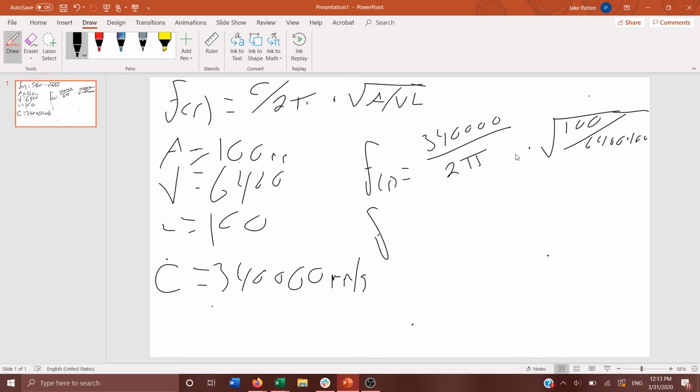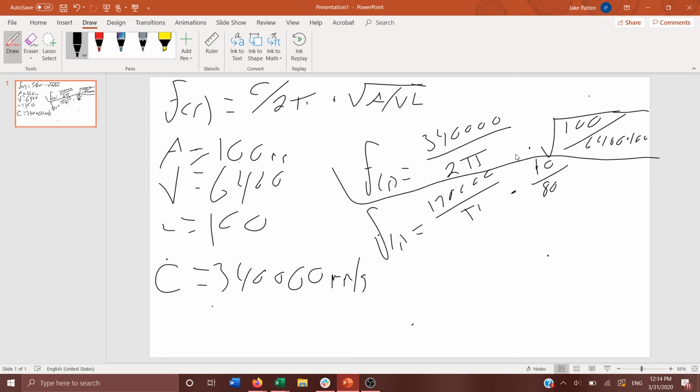So we can rewrite this as Fr equals 170,000 over pi multiplied by, I'm going to stop writing at a slant, 175,000 multiplied by 10 over 80 times 10. Well, these 10s are going to cross out. This 80 is going to move under here by the pi.